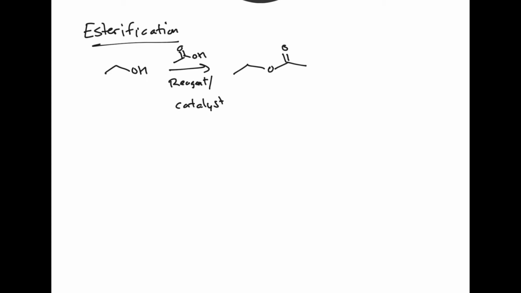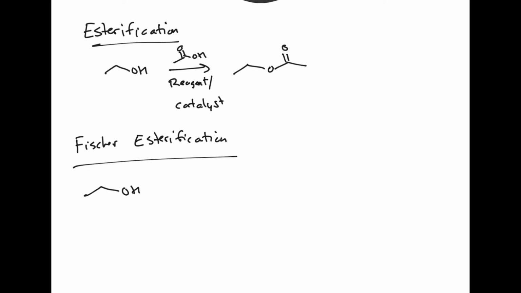Right. So there are two main ways that we're going to have to do this. The first is the Fischer esterification. This is the alcohol, your carboxylic acid, and sulfuric acid with heat.